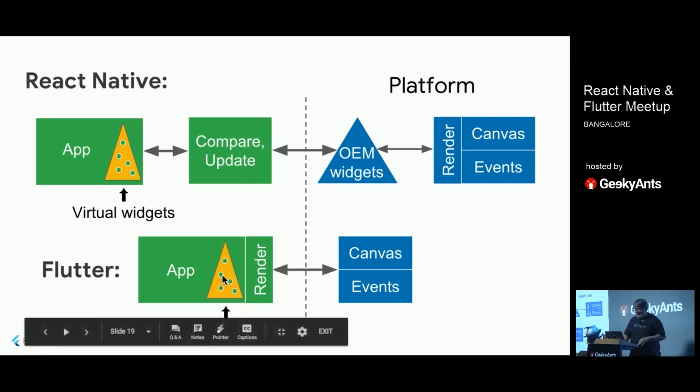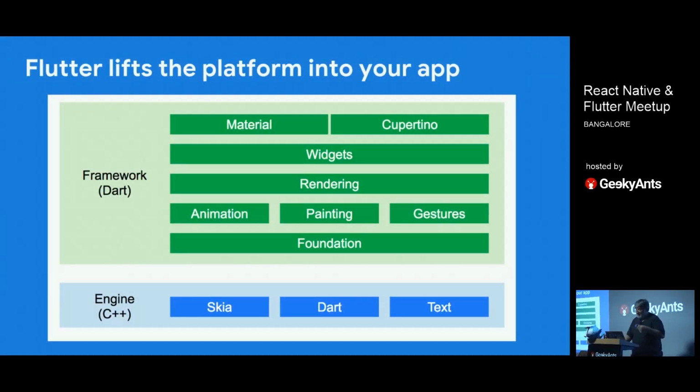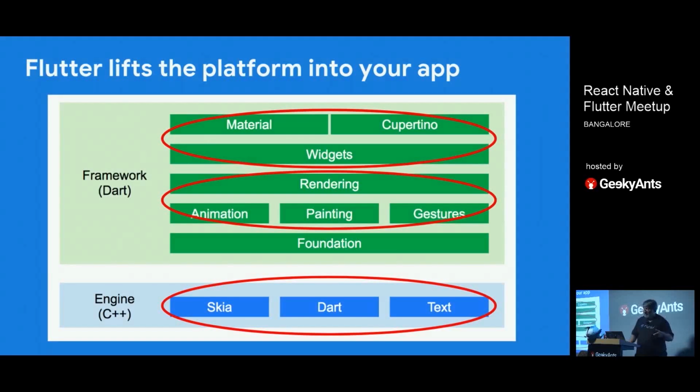Now that widget tree is the only tree of widgets. It is the widget tree, and it's rendered directly to the canvas, right? So that's another way that we get a lot of speed and a lot of control also, because anything on this left side is in your app. You can change it. Okay, so he's already gone through this, but I just wanted to point out that the Dart framework is actually more than that, because not only does it include the framework, the reactive parts, but it includes all the renderers.